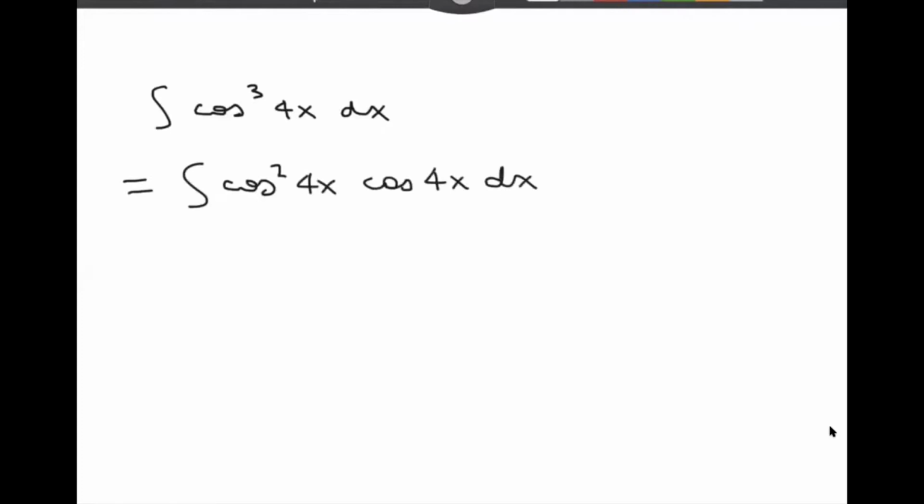Now remember, you have this Pythagorean identity that relates sine squared and cosine squared. So what I'm going to do now is use that to rewrite this cosine squared 4x. I'm going to write it as 1 minus sine squared 4x.